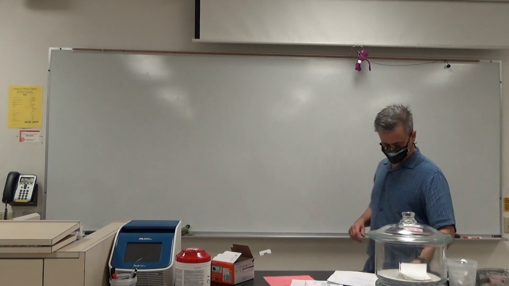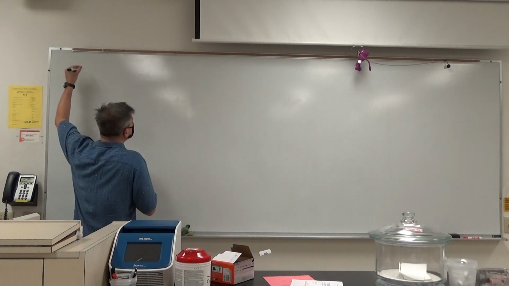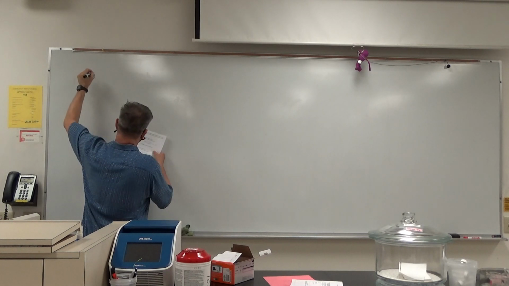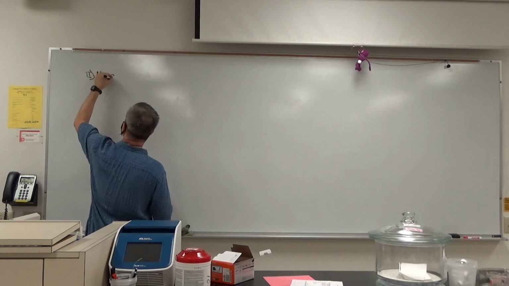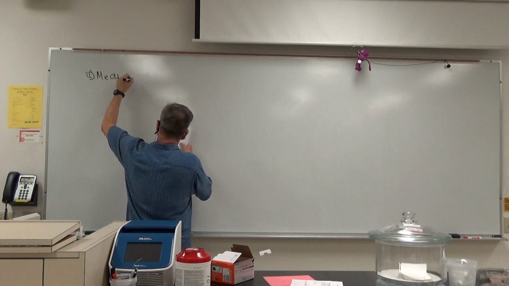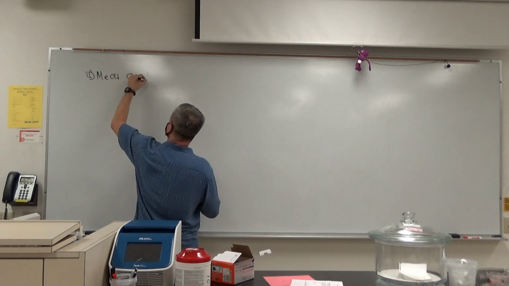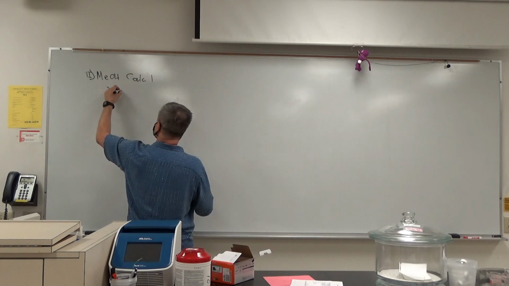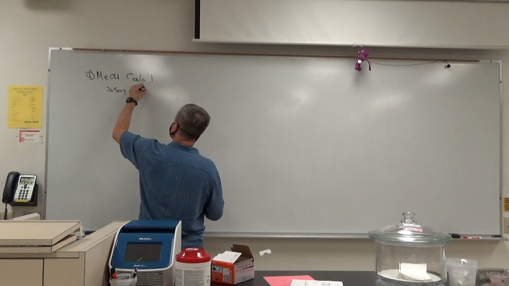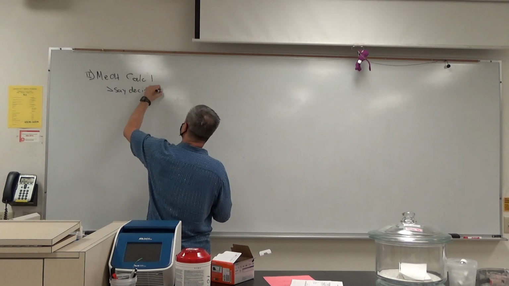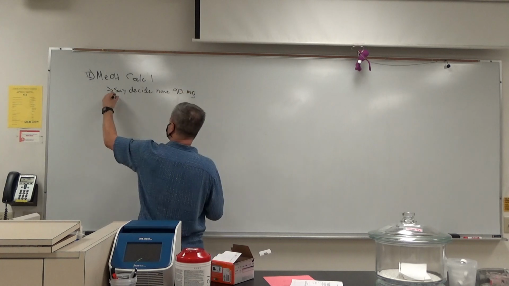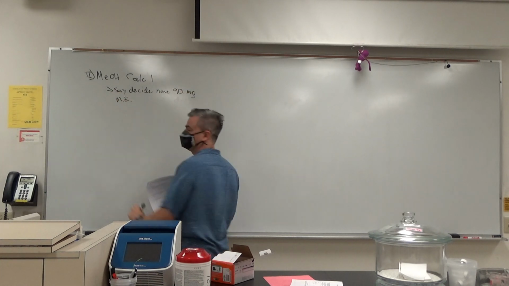I'm going to do 2 calculations. Here's the first one. Methanol calc 1. Say you decide you have 90 milligrams methyl eugenol in your flask.